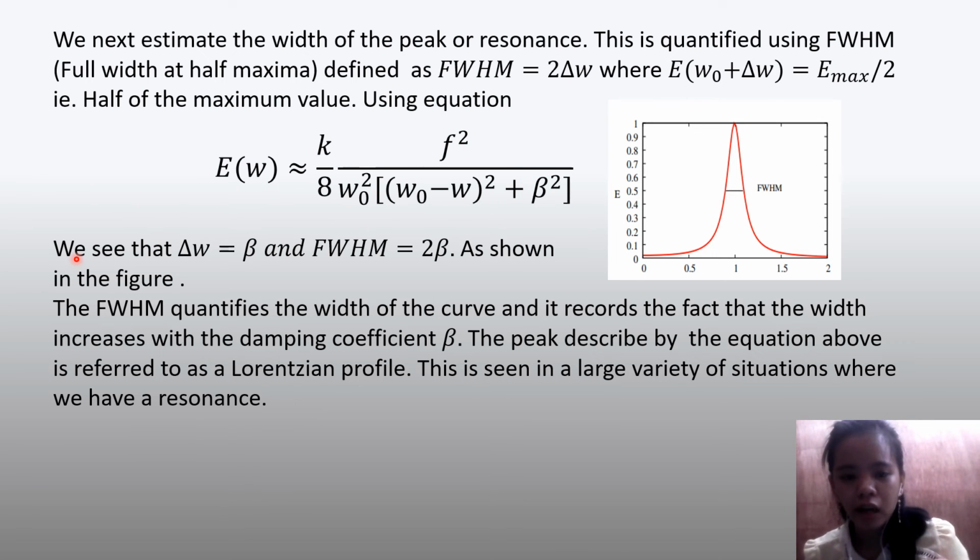So we see that delta omega is equal to beta, and the full width at half maximum is equal to 2 beta, as shown in the figure. FWHM quantifies the width of the curve, and it records the fact that the width increases with the damping coefficient beta. The peak described by the equation above is referred to as a Lorentzian profile. This is seen in a large variety of situations where we have resonance.